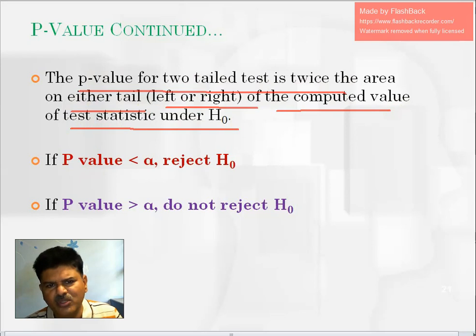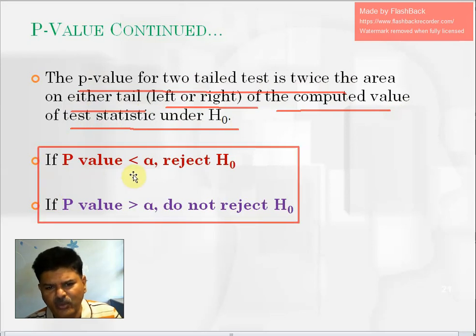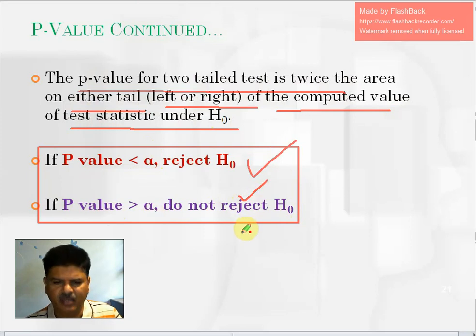And this is the most important condition: if the p-value is less than alpha, we need to reject the null hypothesis. If the p-value is greater than alpha, we do not reject the null hypothesis. That means the decision is taken either by calculating the test statistic value or the p-value.